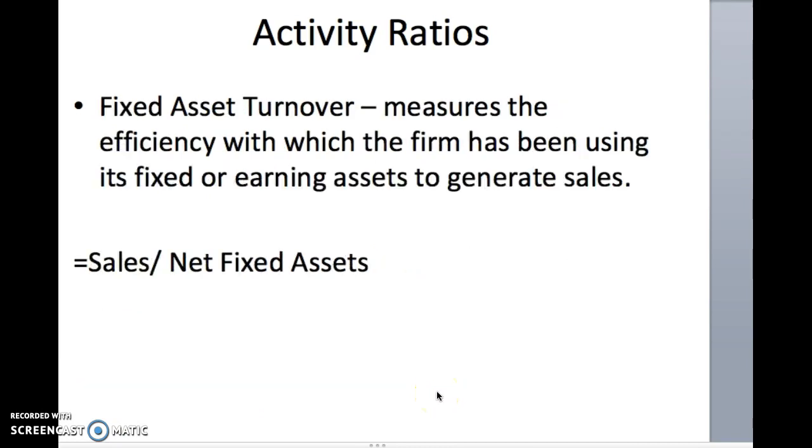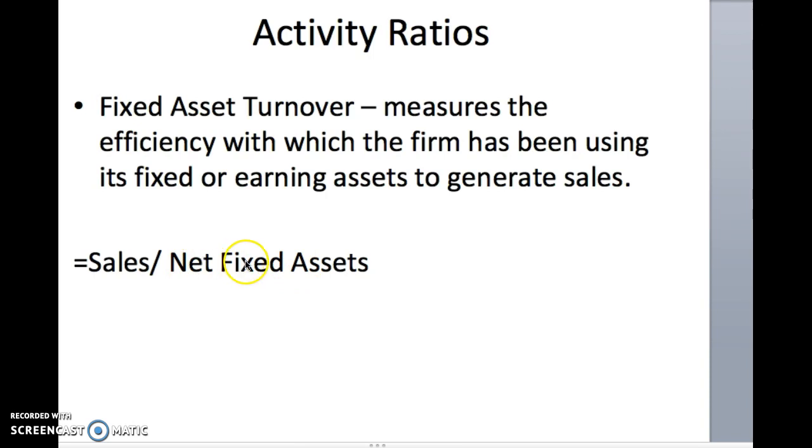Now, for fixed assets turnover, this measures how efficient a company is using its fixed assets to generate sales. So remember that assets are resources that a company uses to earn revenues. In this case, to compute for that, we divide sales by the net fixed assets. This is net because this already includes the computation of accumulated depreciation.